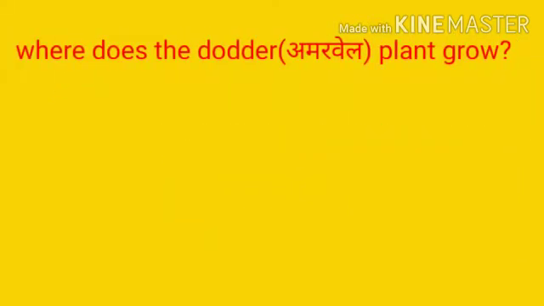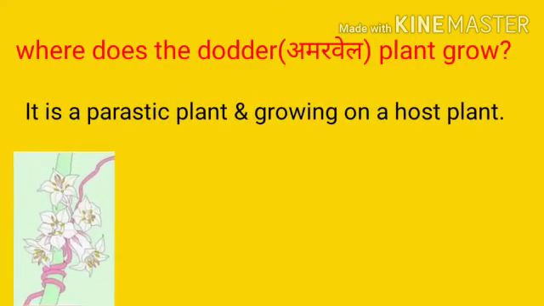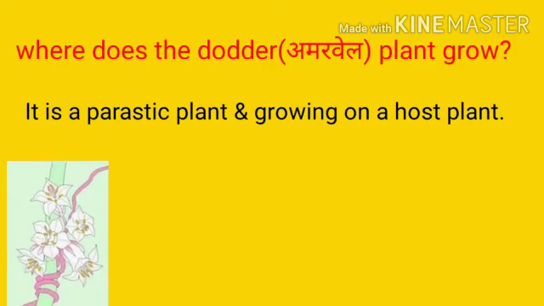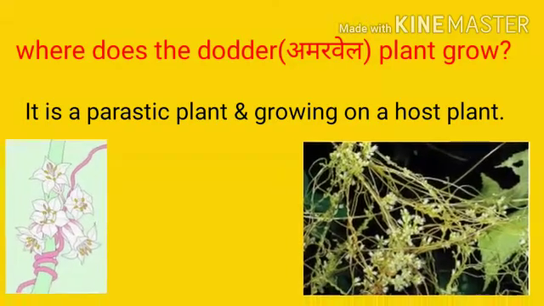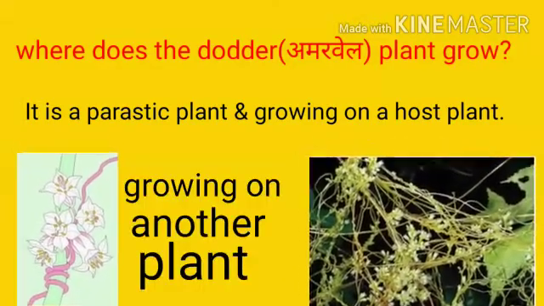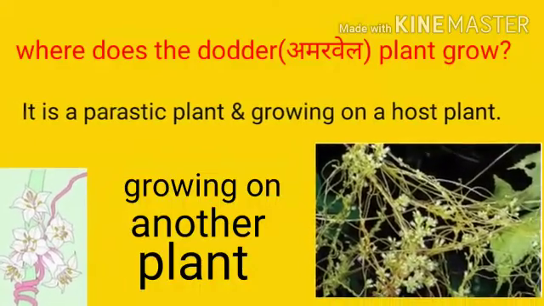Where does the dodder plant grow? Dodder ज्याला मराठीमध्ये अमरवेल असं म्हटलं जातं. Actually the dodder plant is a parasitic plant. ते परपोषी आहे. It means dodder is not able to make its own food. And because of that it is seen growing on a host plant like mango or so many other plants.